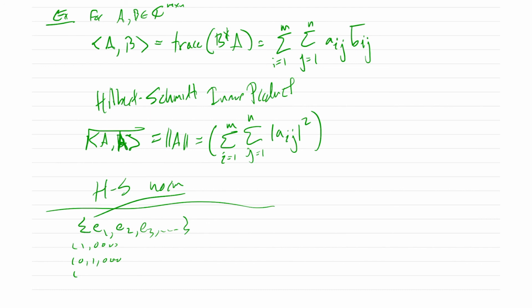And then basically what you get for the trace of, say, an operator T would be the sum, I believe it is, of the inner product of T E_n with E_n, for n going from 1 to infinity.